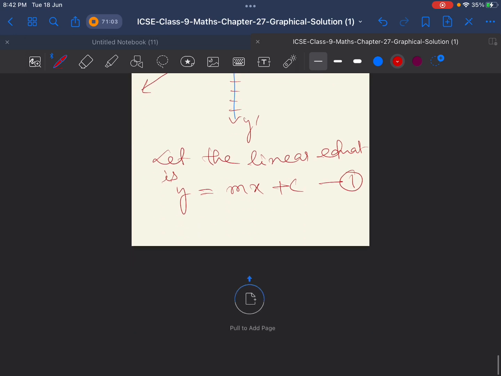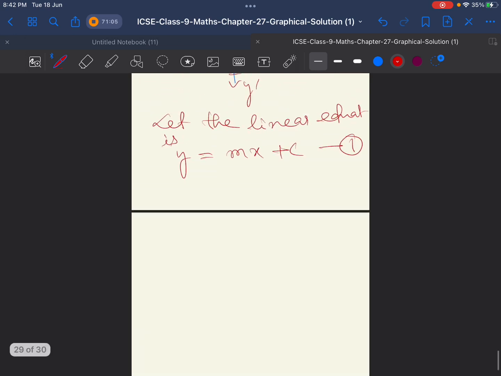This is the equation 1. Now we put the value of x, then we will get the value of y. We substitute the value of x.